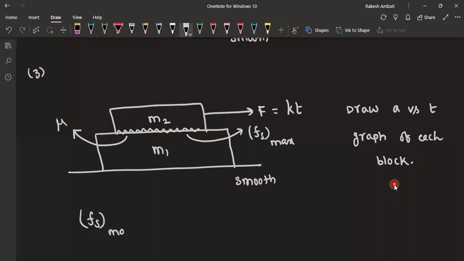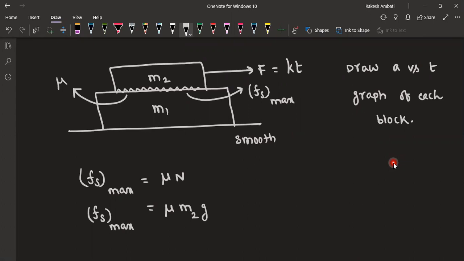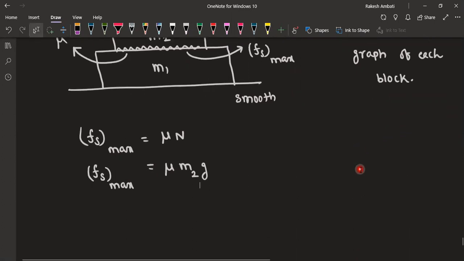So first let us find out Fs maximum. How to find Fs maximum? It is mu into N. N means M1 block weight or M2 block weight? M2 block. So therefore Fs maximum equals mu into, in the place of N, M2G. And what is the first assumption we have to make?